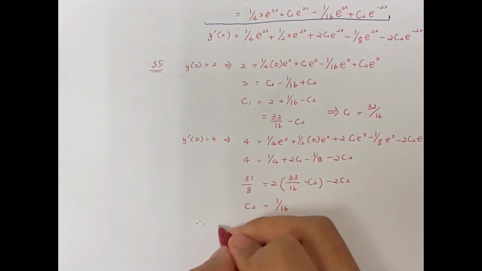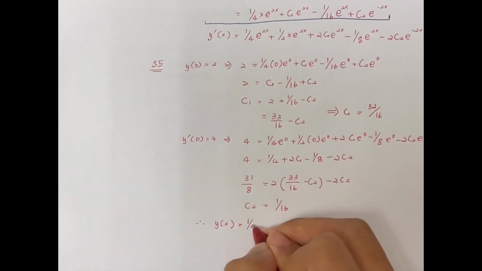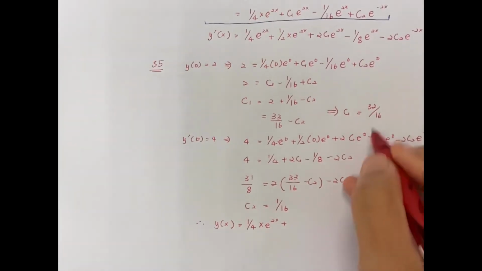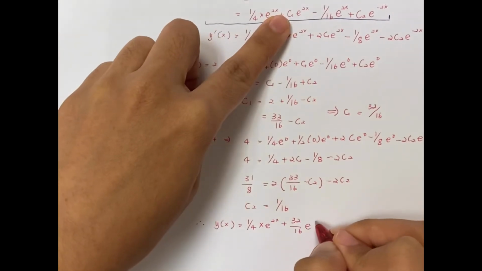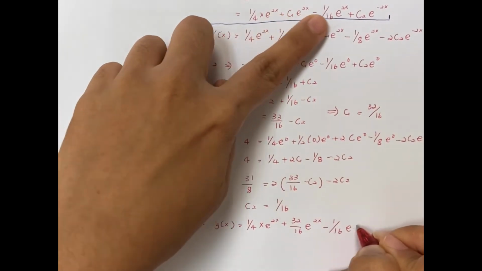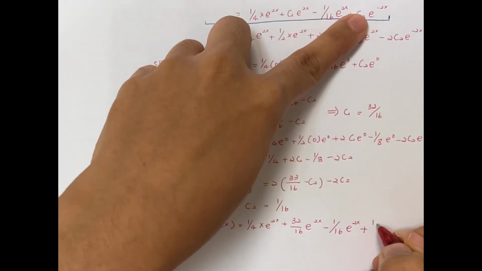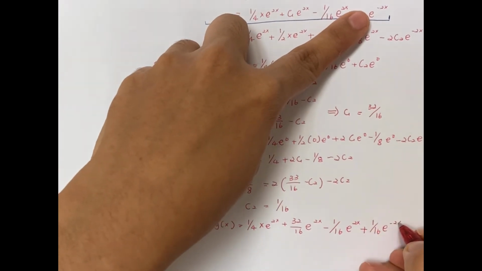Okay, for the last answer, you have y(x) equal to 1 over 4 x e^(2x) plus 32 over 16 e^(2x) minus 1 over 16 e^(2x) plus 1 over 16 e^(-2x).